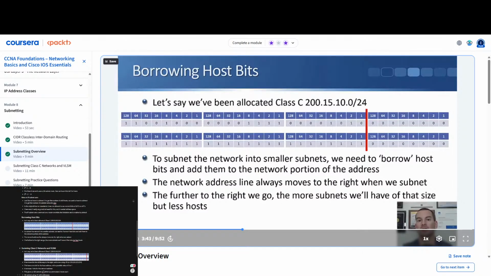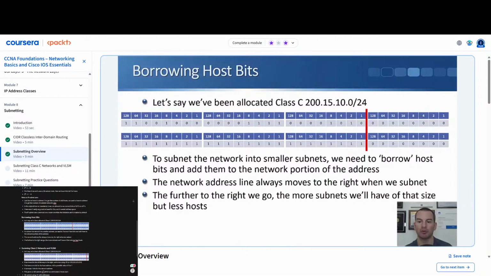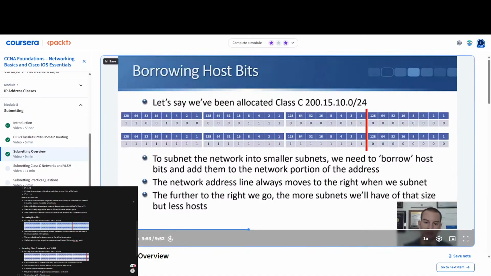Distractions everywhere. All right. We take some of our host addresses away and give them to the network portion of the address. When we do subnetting, the line always moves to the right.